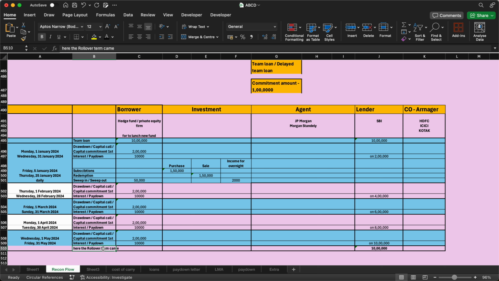So this term is called a rollover term. In this, SBI again released the 10 lakh rupees to the borrower. As part of this, the contract gets set up again, and interest, paydown and fees come again. This way the loan syndication flow works.